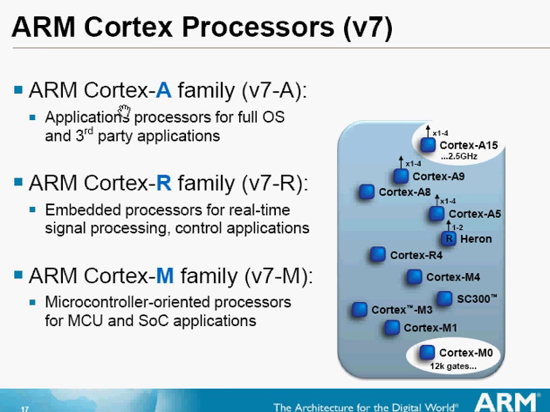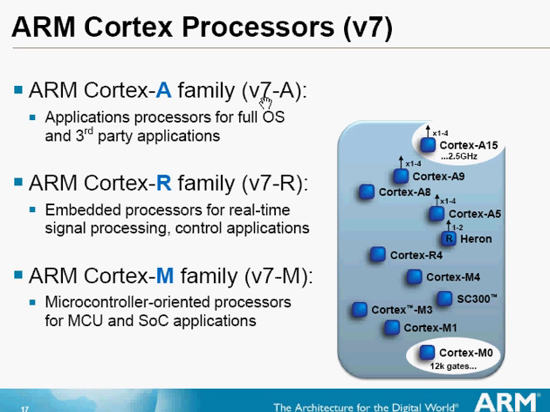The ARM Cortex-A family is version 7A, and this one is specifically designed for application processors, for full operating systems and third-party applications. Cortex-A means it has version 7A architectures and instruction set.